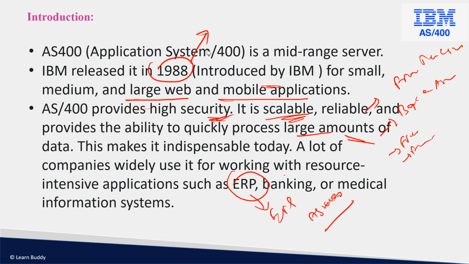Now there are very advanced languages like Python, Java, Ruby, C and C++. There are so many programming languages, but AS400 is still good. Many companies and clients still use AS400 because of security, reliability and scalability, and because it processes a large amount of data.